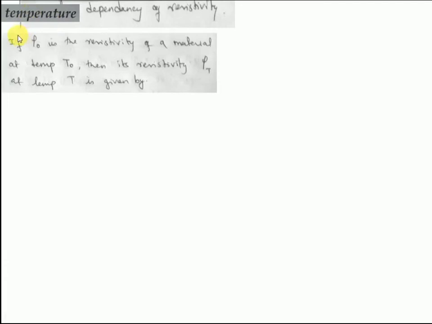It was found that if ρ0 is the resistivity of a material at temperature T0, then its resistivity at temperature T is given by this formula: ρT equals ρ0 times (1 plus α(T minus T0)). This is an experimentally found relation, so we don't need to derive it.